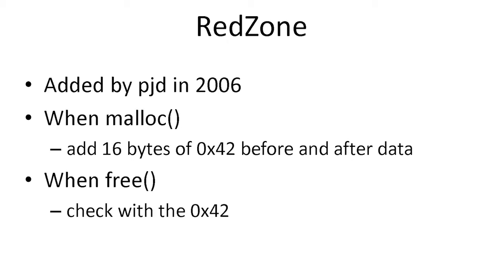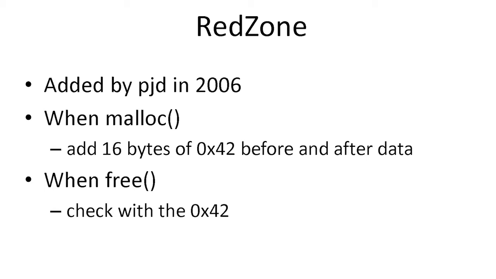Okay, the second kernel detection facility is RedZone. This was added by PJD in 2006. When you allocate a section of memory, it will add an additional 16 bytes before and after your data. This is called RedZone. It tries to protect this range of data.